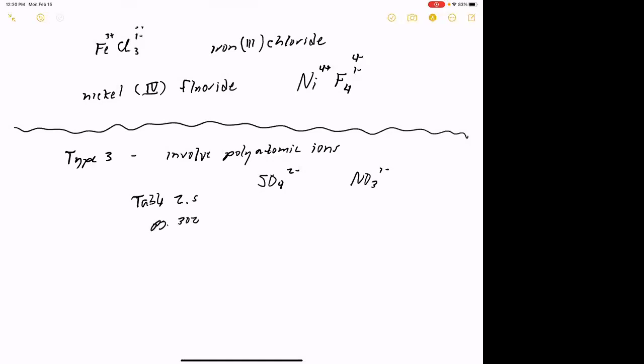So your comprehensive list of polyatomic ions are over there. Okay. And by the way, that is a sulfate ion, just if I want to add a name to it. And that guy over there is a nitrate ion. Okay. So those are just 2 common ones. There's a whole bunch of them we can pull from in that table over there.